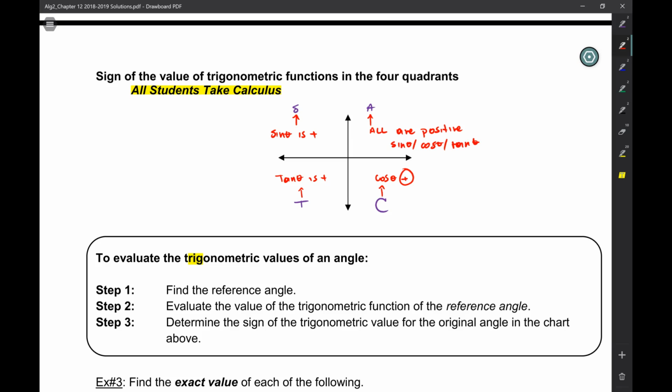So, suppose I want sine of 150 degrees. What quadrant does 150 degrees lie in? 2. Is sine of that angle going to be positive or negative? Positive.